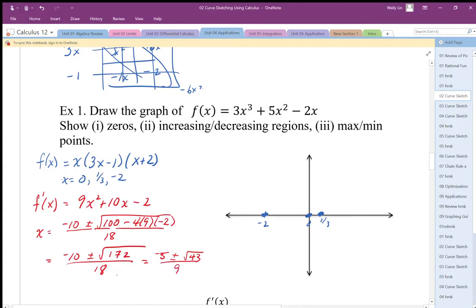So what I did was there's a common factor of 4 in here, which came on the outside, and everything's now divisible by 2. So I get 10 divided by 2, 18 divided by 2, and 2 divided by 2. Okay, so the decimal equivalents for those are approximately 0.17 and negative 1.28. So I'm going to write that down.